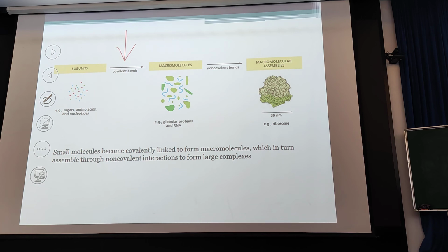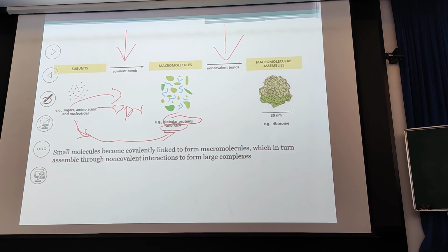So sugars make polysaccharides, amino acids make proteins, and nucleotides make nucleic acids. Here's one example: amino acids make the globular protein, and nucleotides make the RNA by covalent bonds. And by non-covalent interactions, they can make macromolecular assemblies.